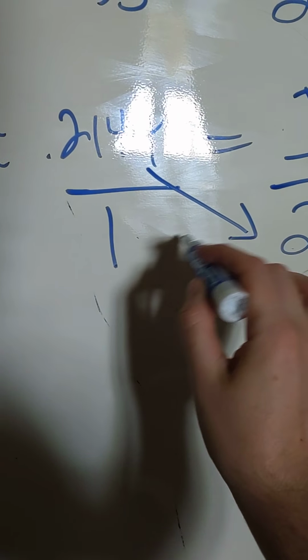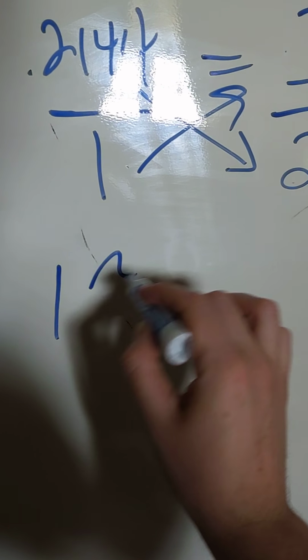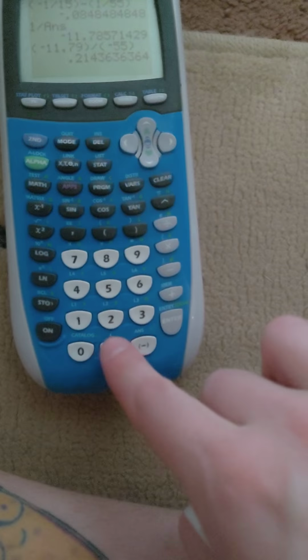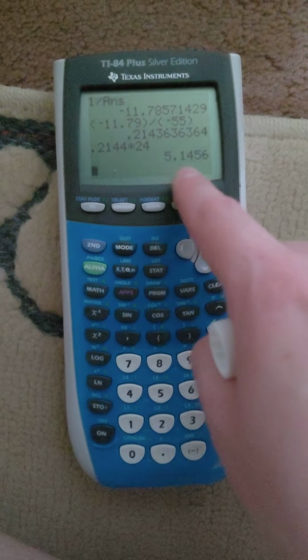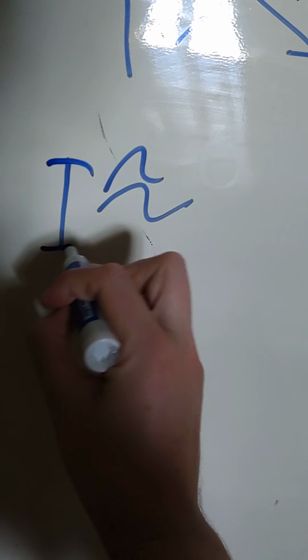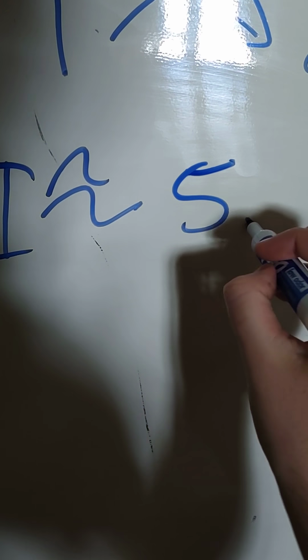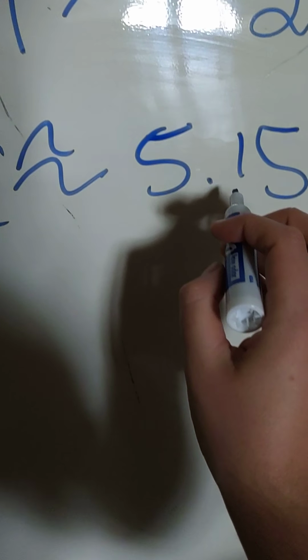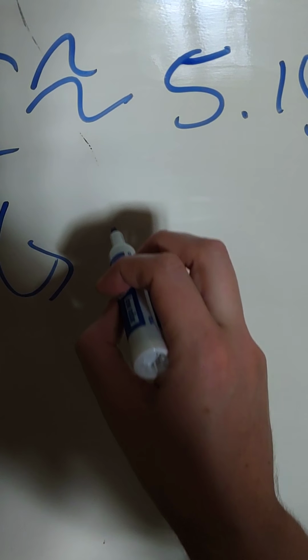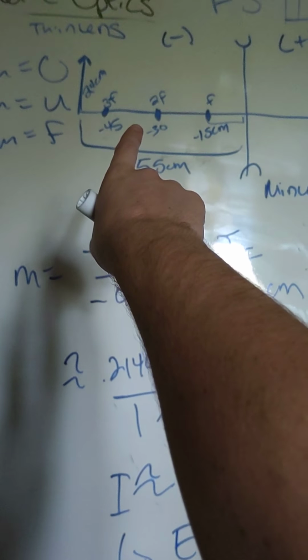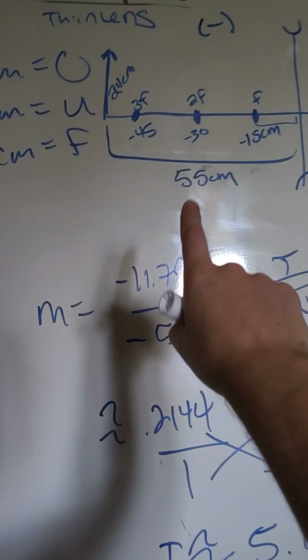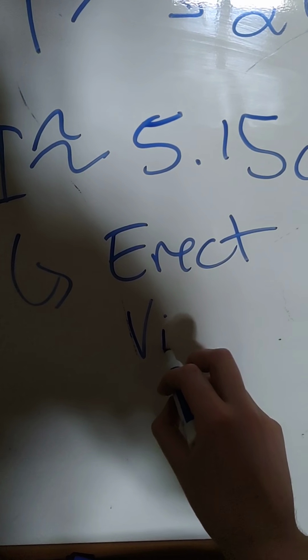You can cross multiply, where I is about equal to 0.2144 times 24, which is 5.15. So I is about equal to 5.15 centimeters. What does that tell us? This tells us that the image is upright. It's got an erect image. Since it is on the left side up here, it is going to be virtual as well.